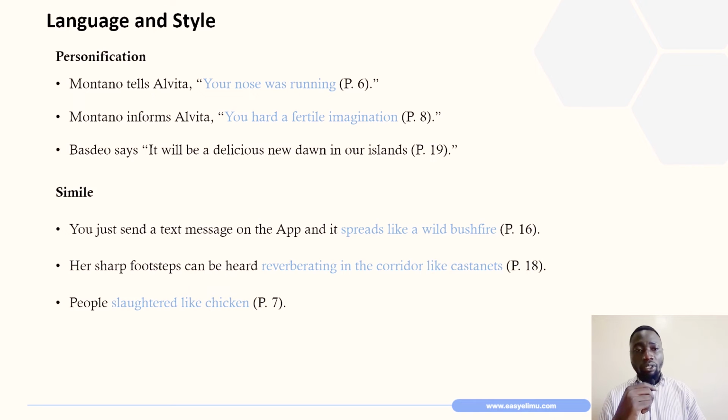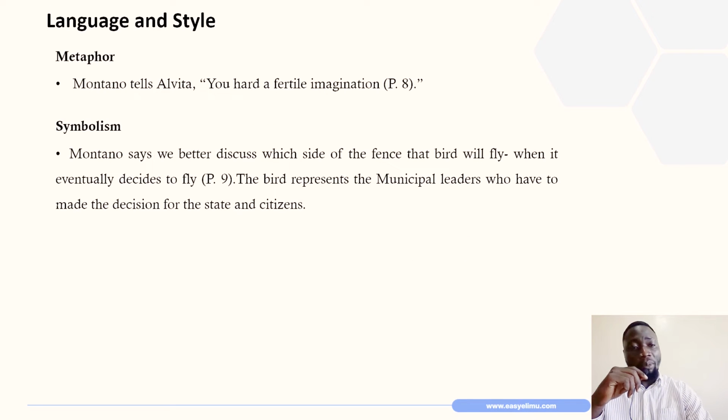So that is that. There is also metaphor. Metaphor is also a comparison, but it is a comparison of two things that are not alike. Montano tells Alvita that she has a fertile imagination. Those two things are not alike.